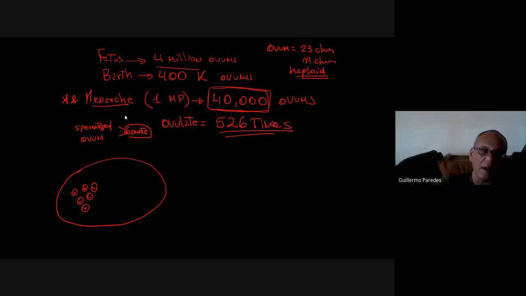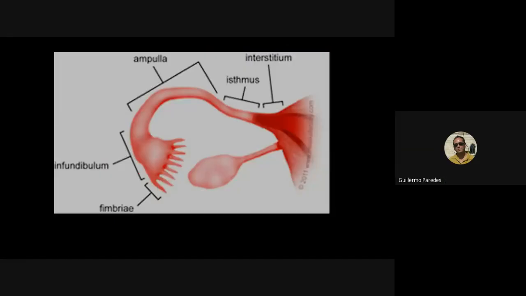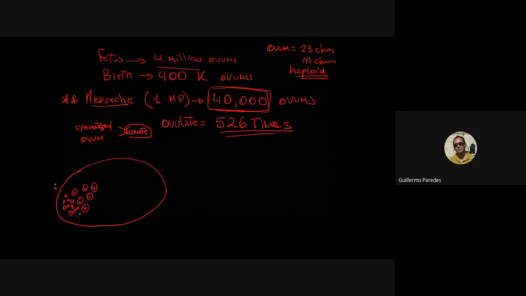Okay, perfect. So now, all these young ovules are located sleeping. All of them are sleeping. During one day of the month, some of them are going to wake up. How many are going to wake up?